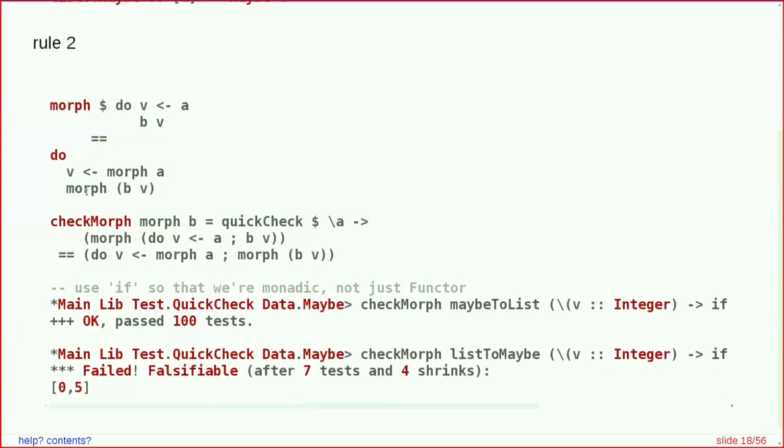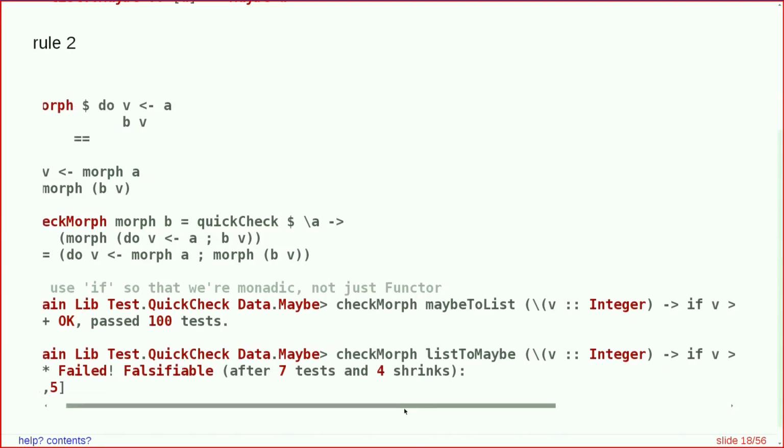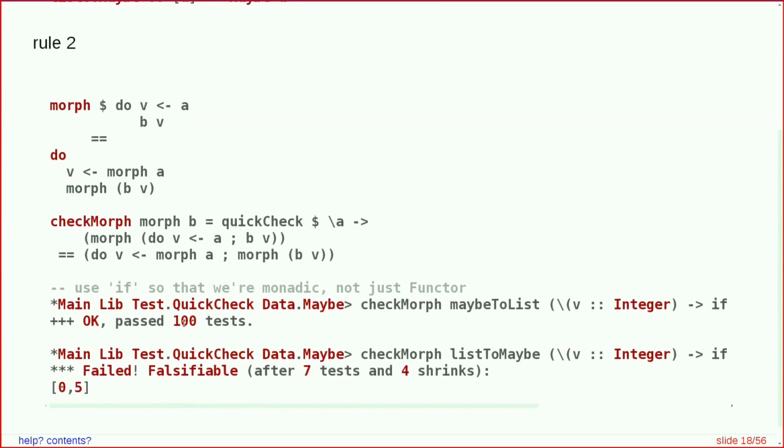Again, it's sort of this commutative thing where it doesn't matter which way round you do things, it should give us the same results. I went to QuickCheck that, and if you say maybe to list, that works 100 times at least.